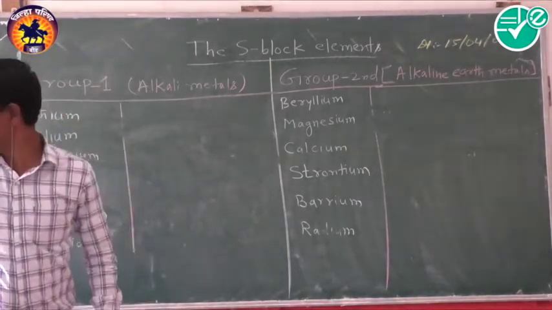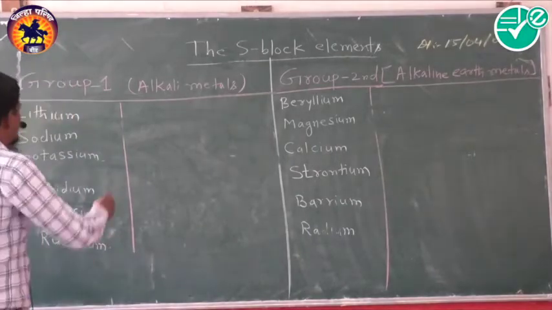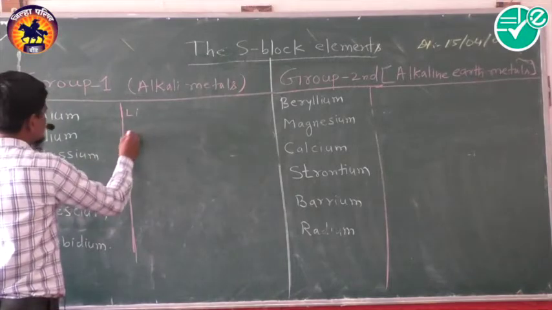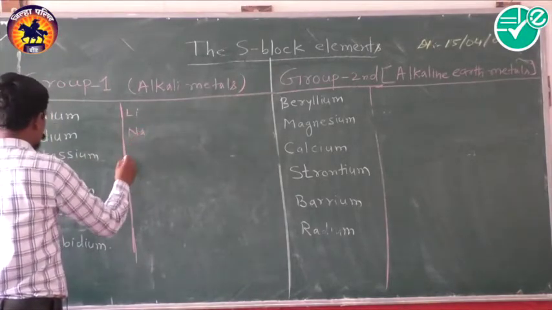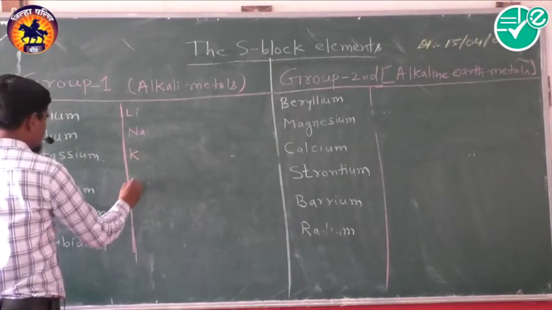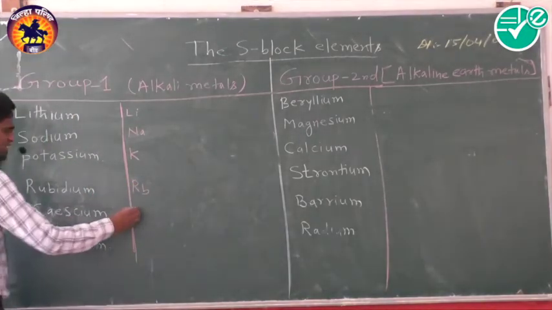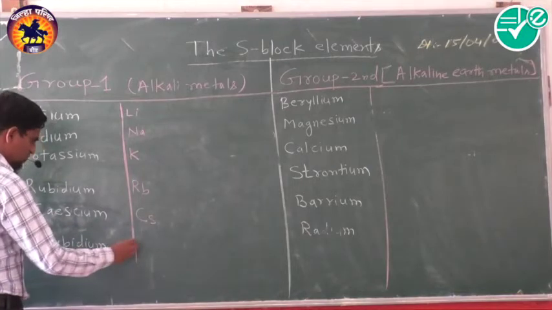Now see, the symbol of lithium is Li. For sodium, you know Na. You also know potassium, K. Rubidium, Rb. For cesium, it is Cs.